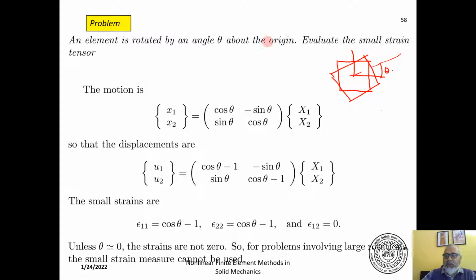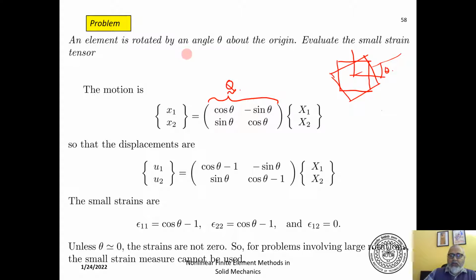So if you take any point capital X1, capital X2, it will give you a deformed point, small x1, small x2, which will be related through the rotation tensor. So this is the two-dimensional rotation tensor.